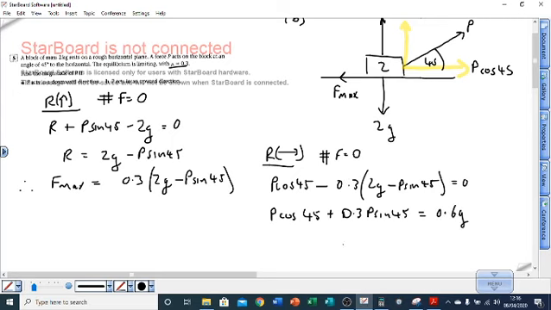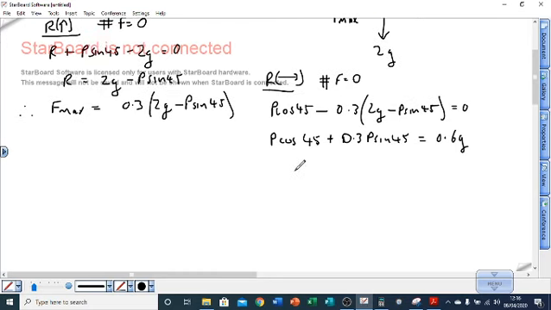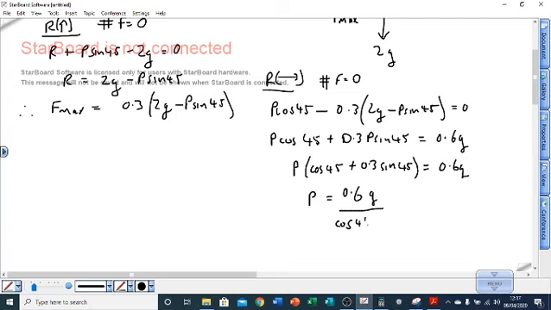Finishing it off by factorising, I end up with P times cos 45 plus 0.3 sin 45, and that is equal to 0.6 G. And then finally, P is 0.6 G, all divided by cos 45 plus 0.3 sin 45.